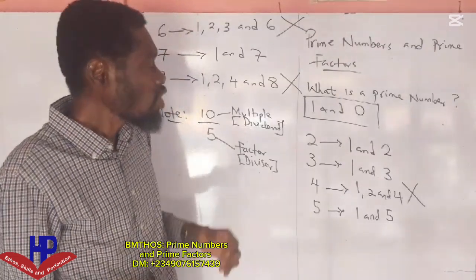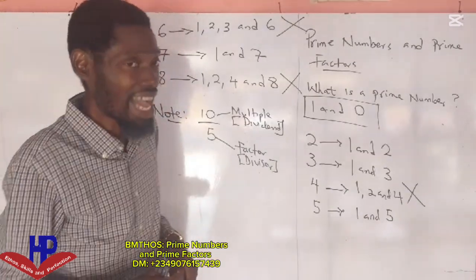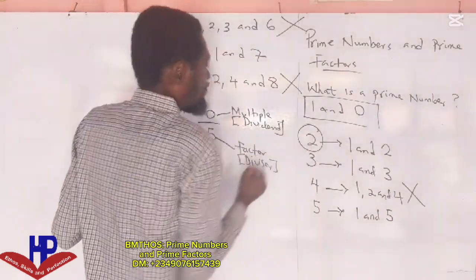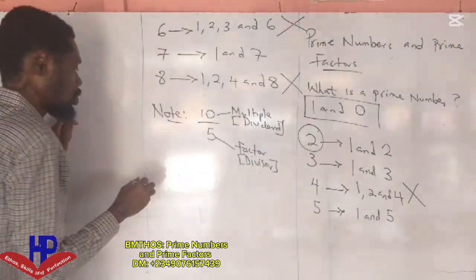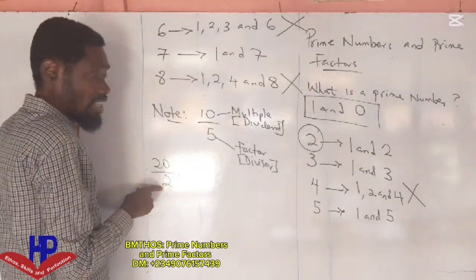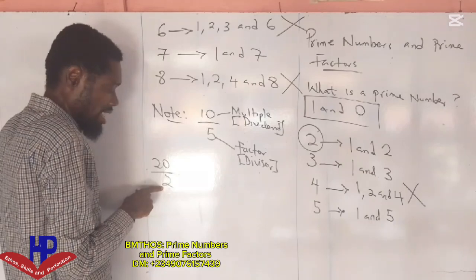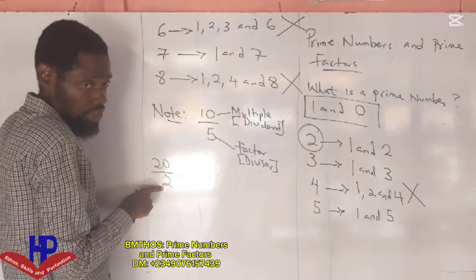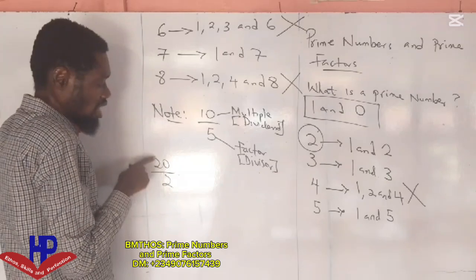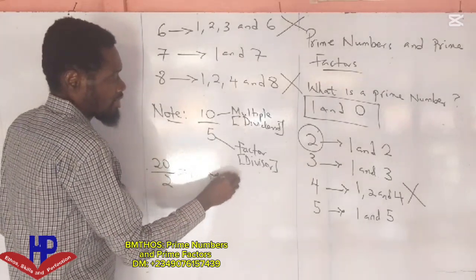Now, 2 is a prime number, but I'm using 2 to divide 20, for example. 2 is not a prime number here, but a factor, because if it divides 20, the answer will be 10, remainder 0.